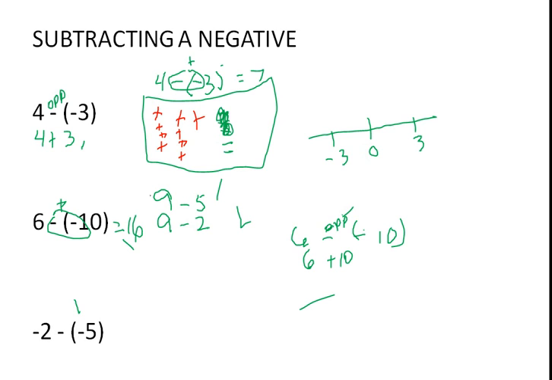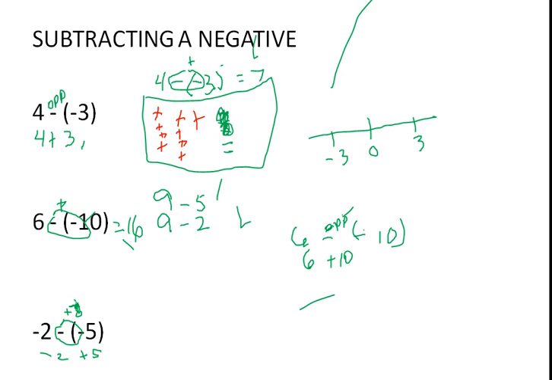Okay, let's see if we have time to get one more problem in here. Negative 2 minus a negative 5. To subtract a negative is the same thing as adding. So what you really have here is negative 2 plus 5.